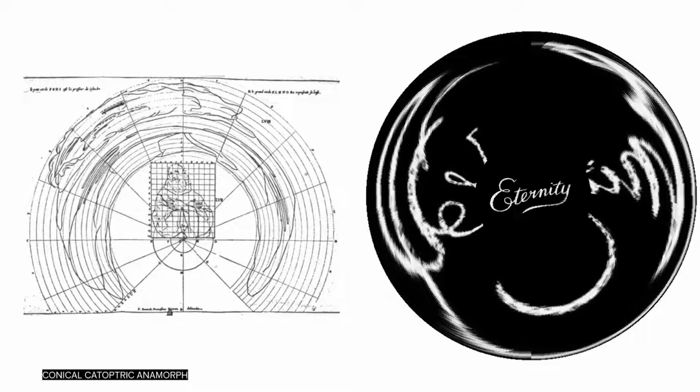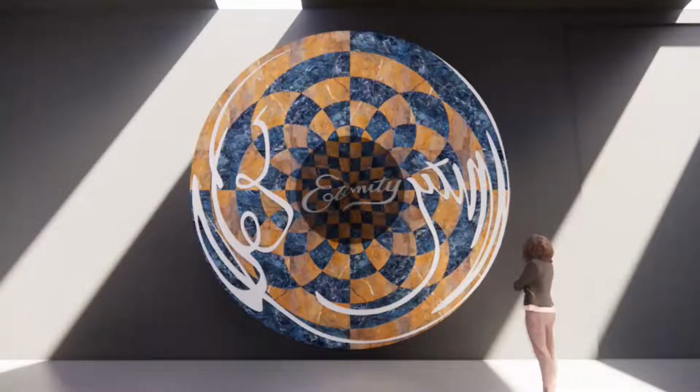And equally, when you look at the one that we did on the computer, the grid helps us understand that transformation, whereas eternity in its projected form is totally incomprehensible. It's only through that translation device, the mirror, that it makes the incomprehensible suddenly readable, suddenly comprehensible. And only if you look at it in just the right way.